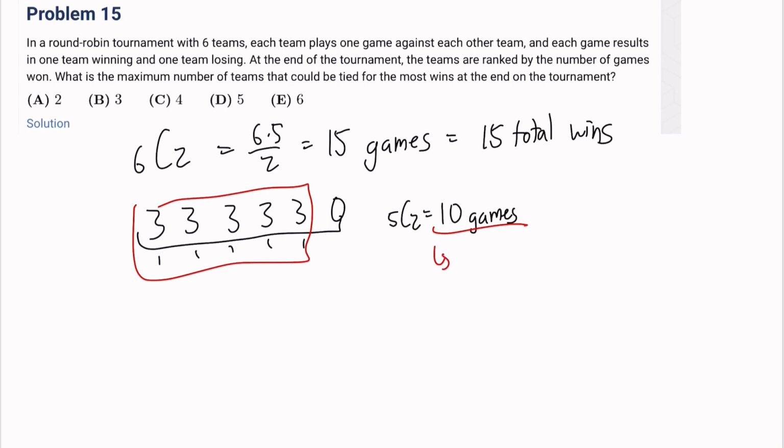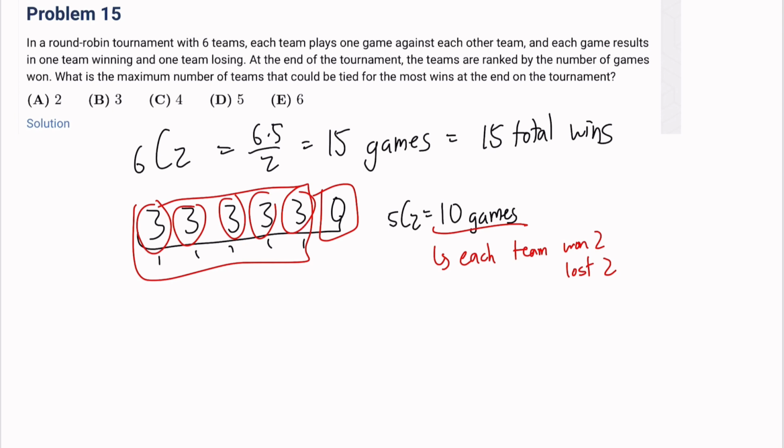And then let's say that each team won 2 and lost 2 from these 5 teams, and so that would make it possible for 5 teams to get 3, and the leftover team would be 0, and so this is a possible sequence, right?